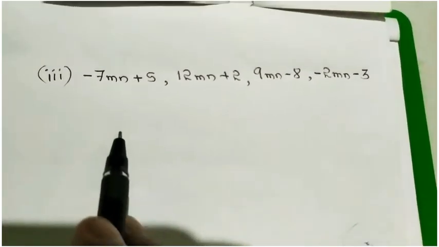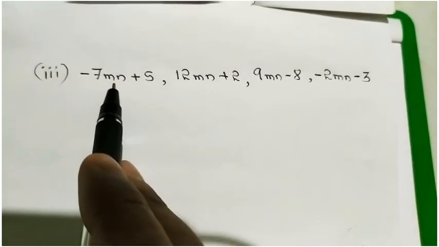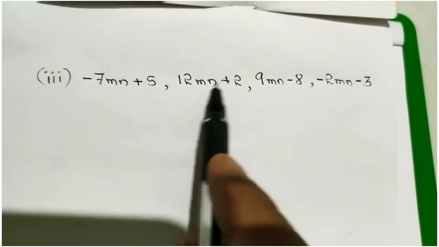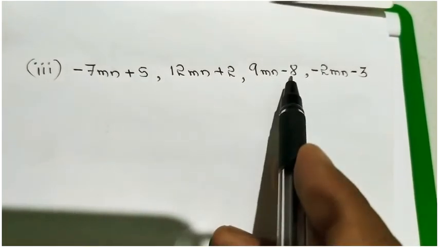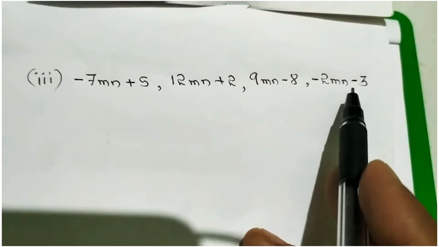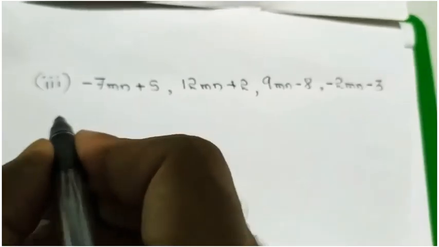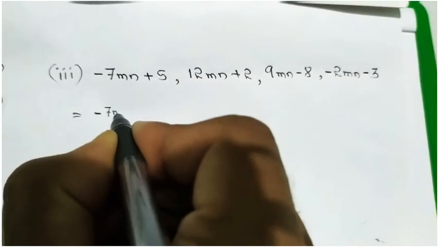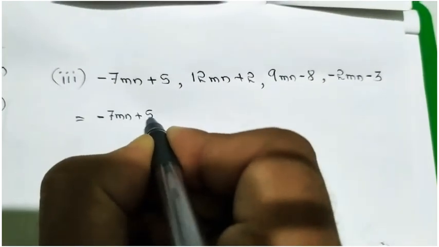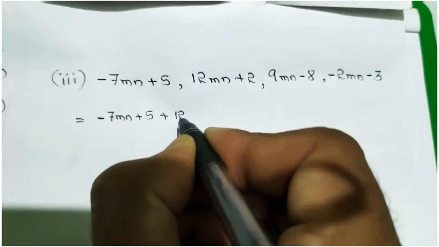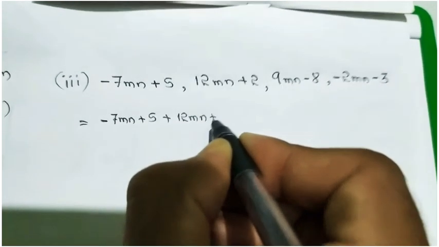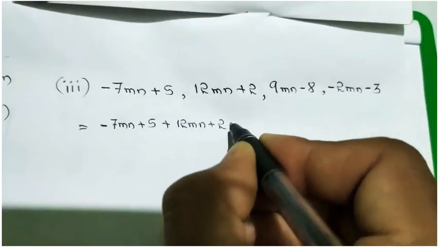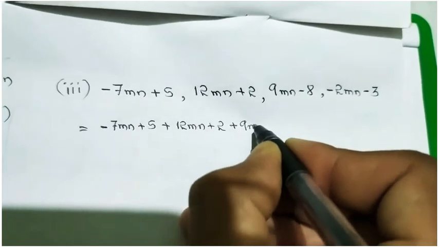Third one, minus 7mn plus 5, 12mn plus 2, 9mn minus 8, minus 2mn minus 3. Okay, so first you write in the form of addition, minus 7mn plus 5 plus 12mn plus 2 plus 9mn.